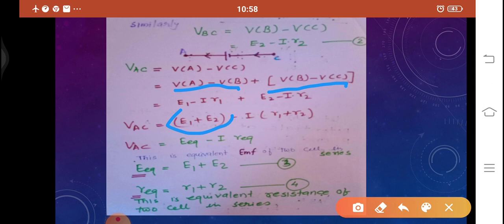This E1 plus E2 is the equivalent EMF, and this R1 plus R2 is the equivalent resistance. So in series combination, E equivalent equals E1 plus E2 and R equivalent equals R1 plus R2.